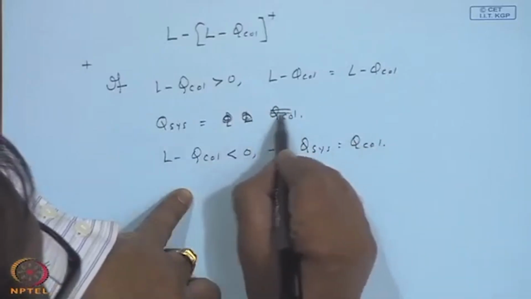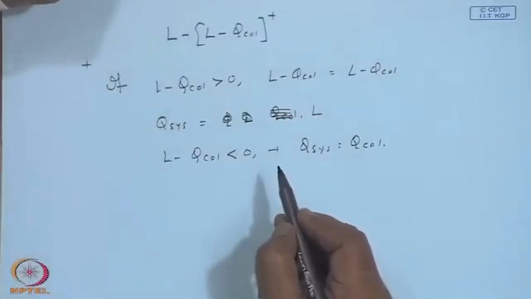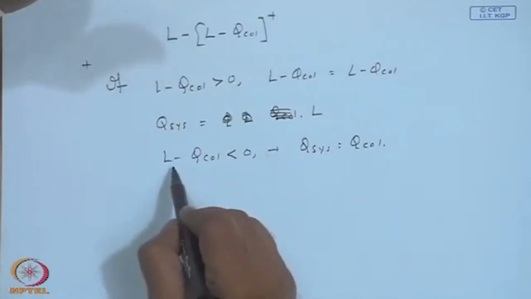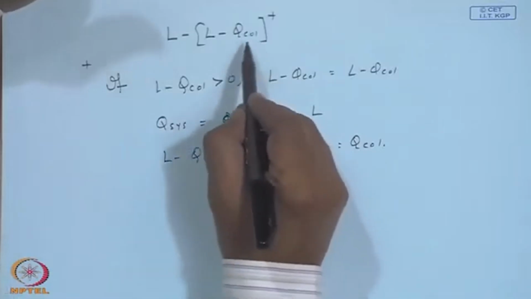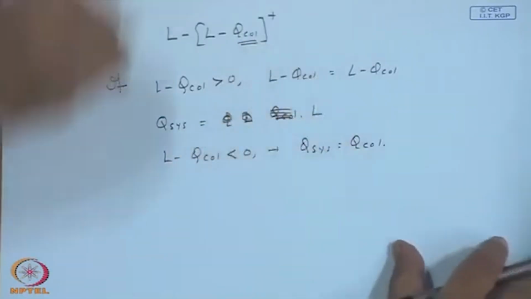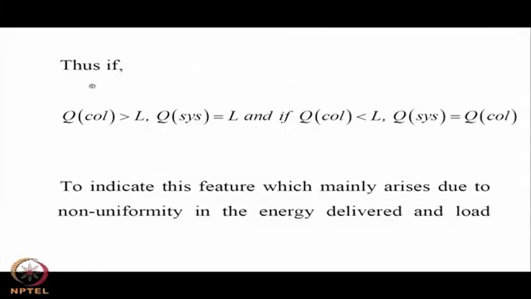In other words, the system cannot have more than the load. When the supply is less than the load, then it is equal to the supply. So, this has been put, I think, more clearly, and you can see this.